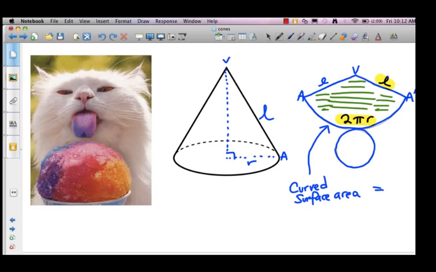We have a lateral face. And we have a radius that help to pull apart the cone. So the formula to find the curved surface area of a cone is actually pi r L. And you might wonder how it's pi r L.